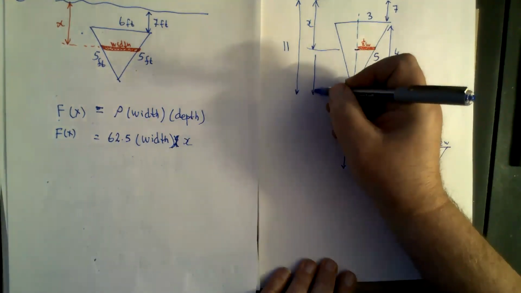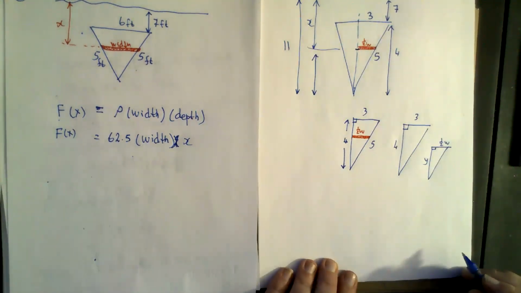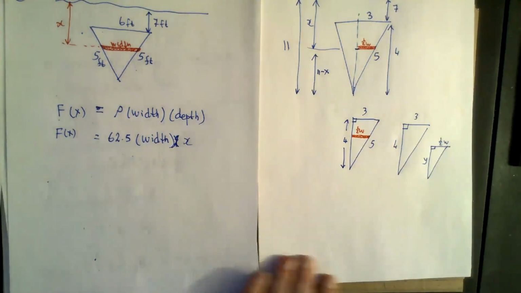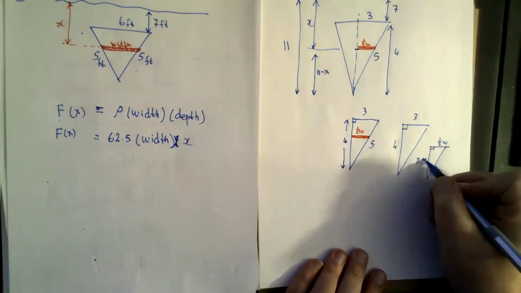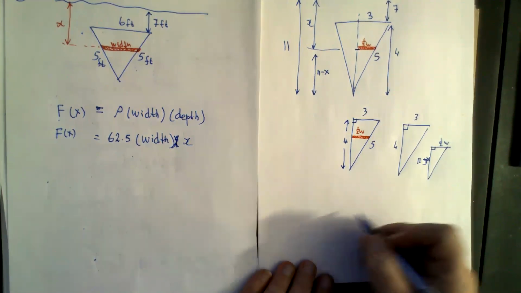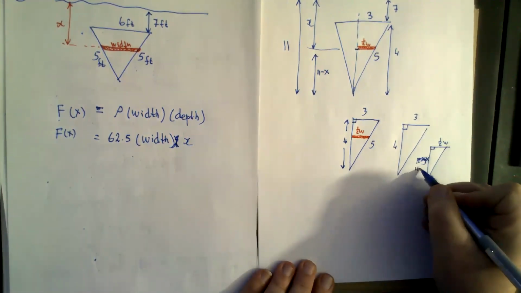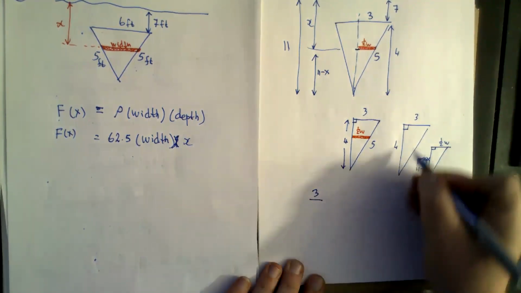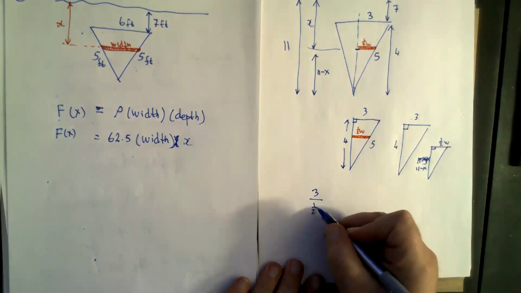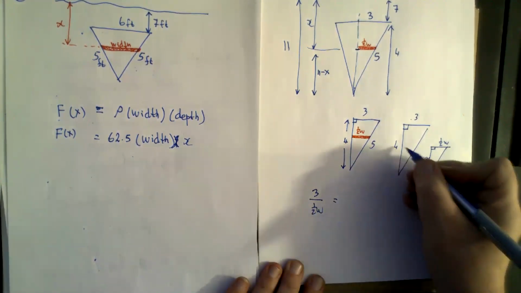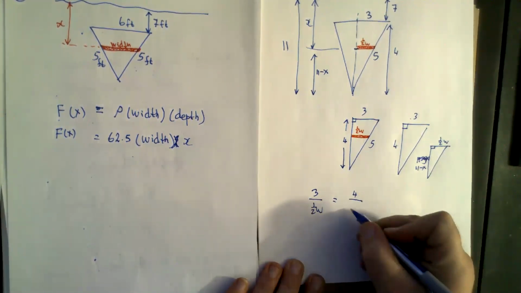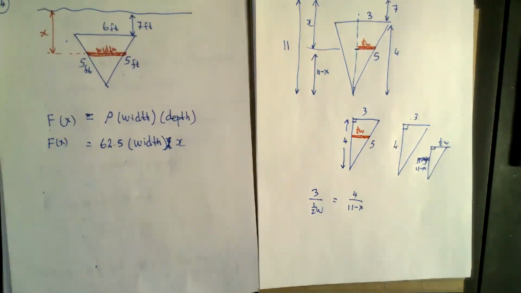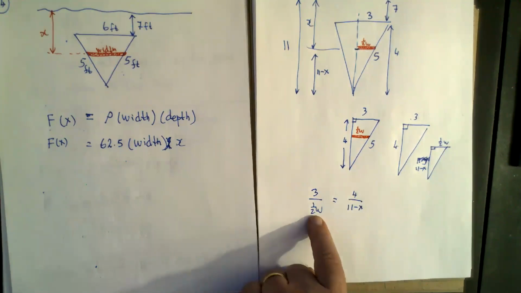Which tells me that this guy here is 11 take away X. So 3 divided by a half W will equal 4 divided by 11 take away X. And our job now is to figure out what W is equal to.